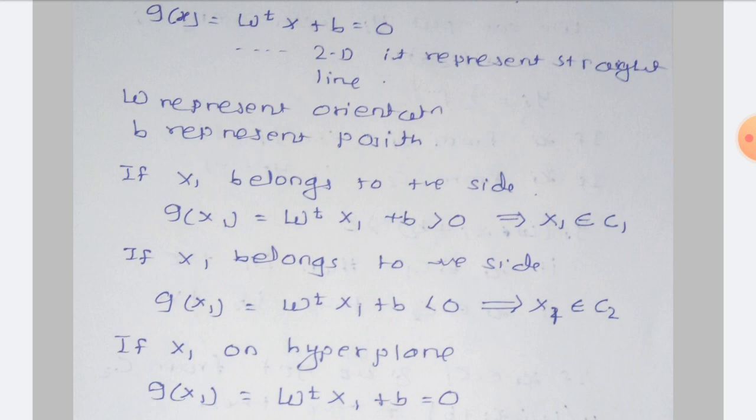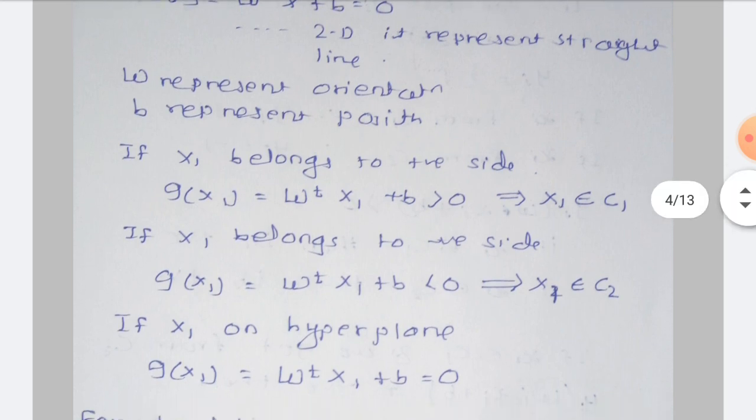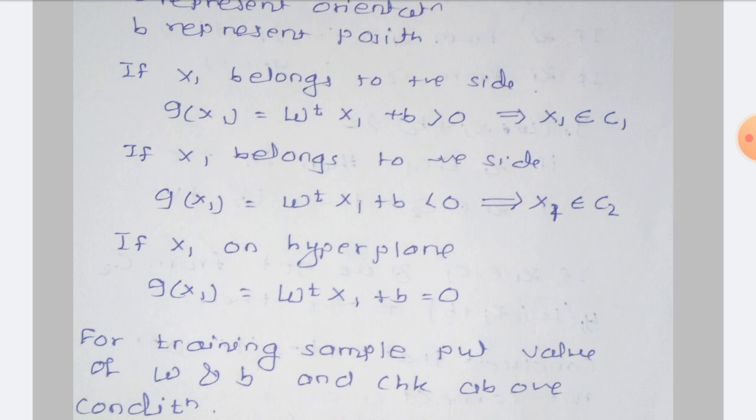For any training sample, we calculate the W and b values, and we check whether WTx1 plus b is greater than 0. Suppose the data sample is from class 1, and the value of WTx1 plus b is less than 0, then we change W and b to get a positive value. That means WTx1 plus b is greater than 0.